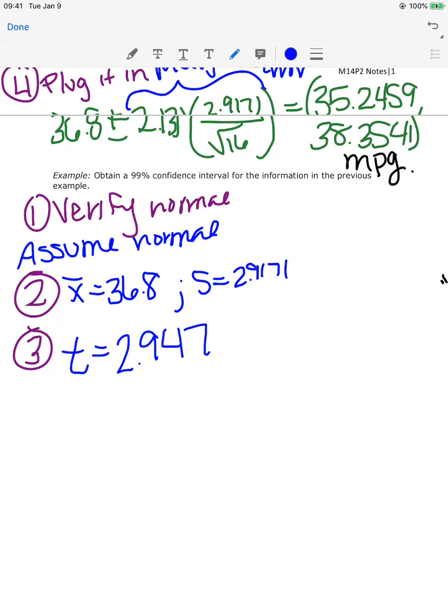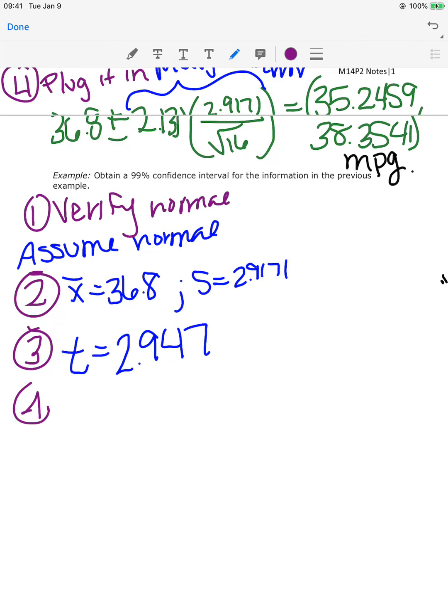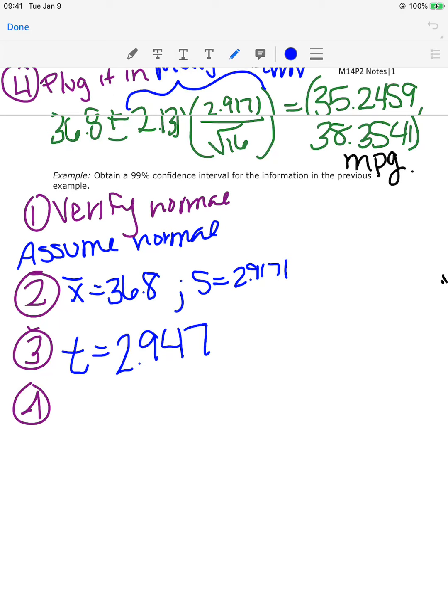Okay. All right, step 4. Plug everything into our equation. So again, everything's going to stay the same except for now the t value is different because we're looking at the middle 99%, so we're further away from the mean, which is why we're able to be more confident.